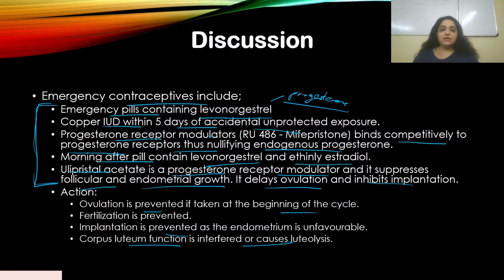So there are different emergency contraceptives. I made a list here. Most of them involve some kind of hormone use. Copper IUD does not use hormones. And the progesterone receptor modulator is only suppressing the receptors; it's not really changing the levels of hormones.